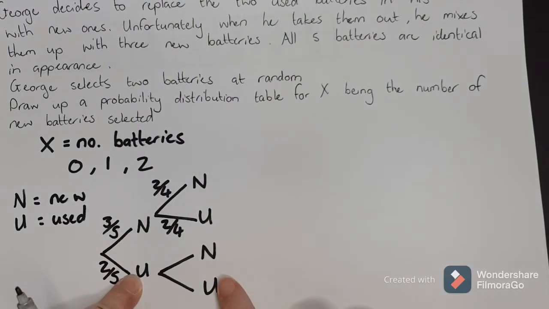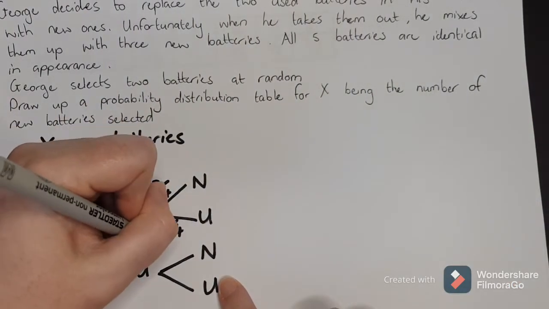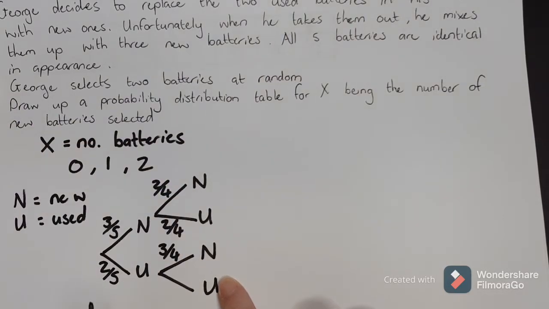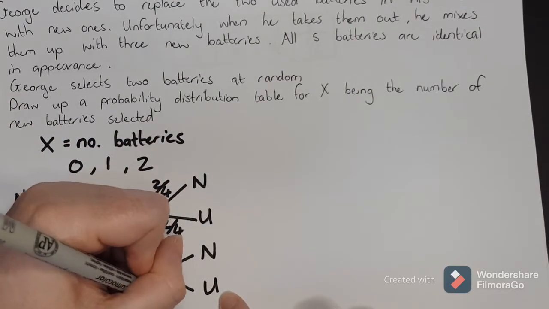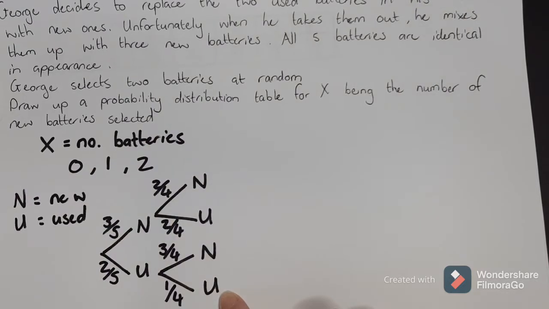If he picked a used one first, that means he had 3 new ones left out of the 4, and he only had 1 used one left out of the remaining 4. So there we have our tree diagram.